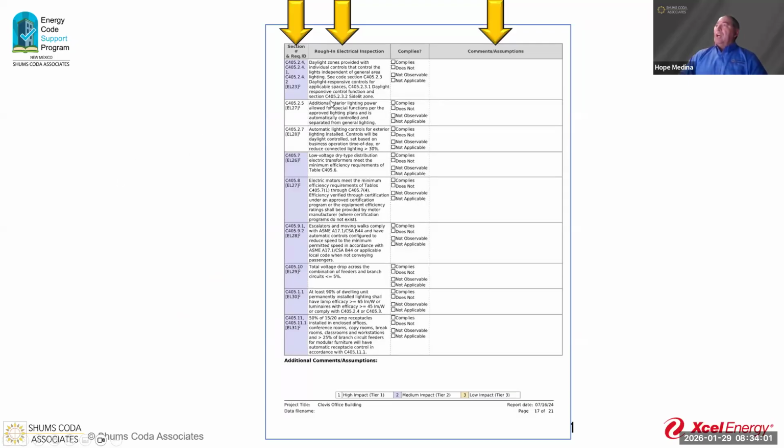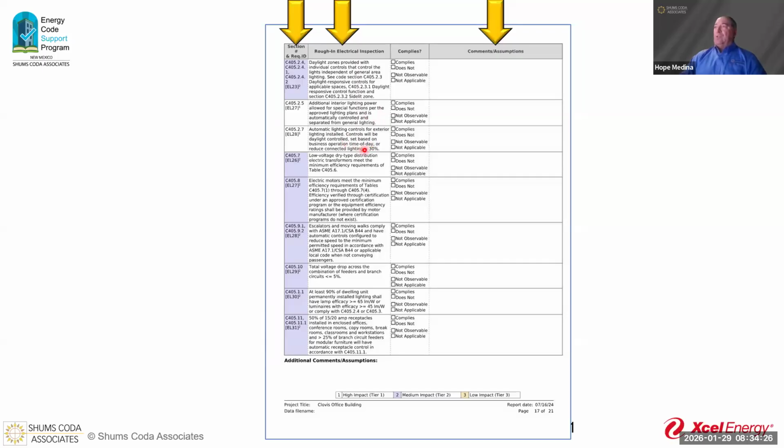So here we go. On here, we've got our daylighting controls that are independent of the general area lighting per section C402.5.3. We have additional interior lighting allowed for special functions that are automatically controlled and separated from the general lighting. We have the automatic lighting controls for the exterior lighting installed.